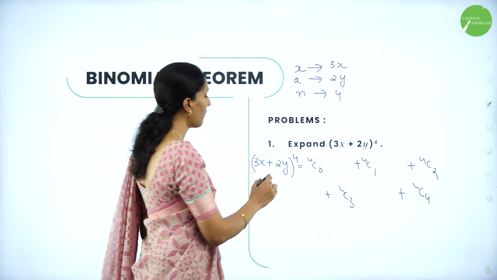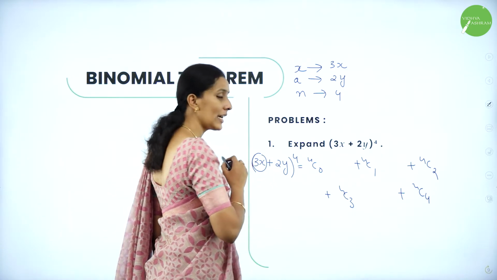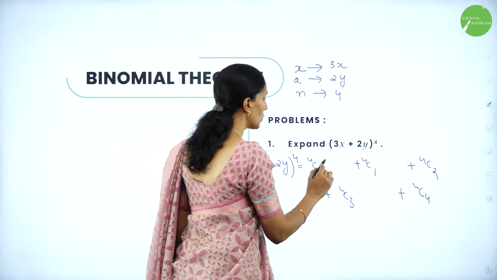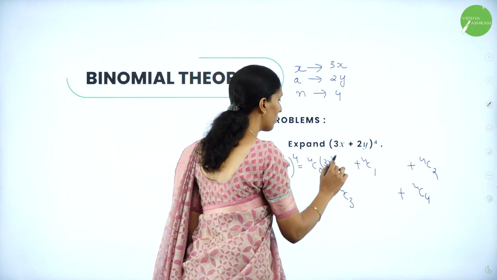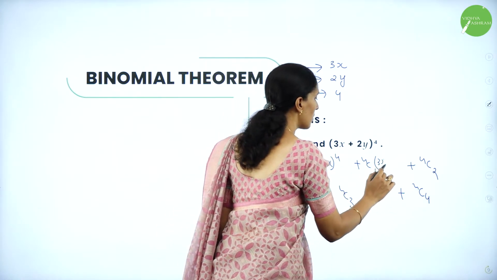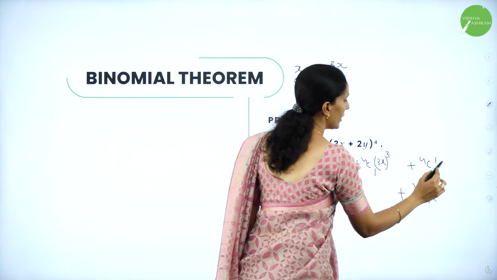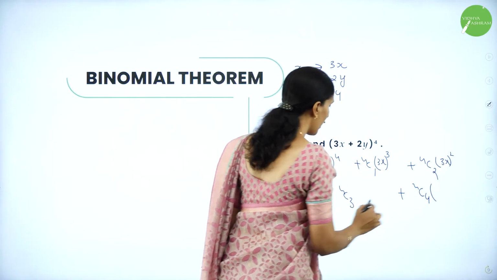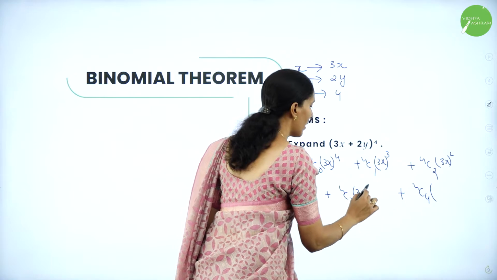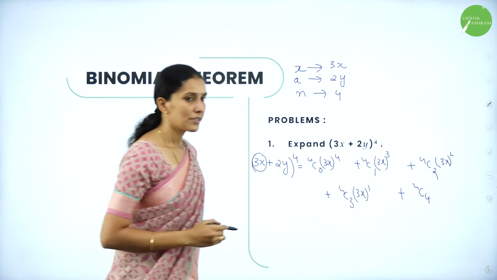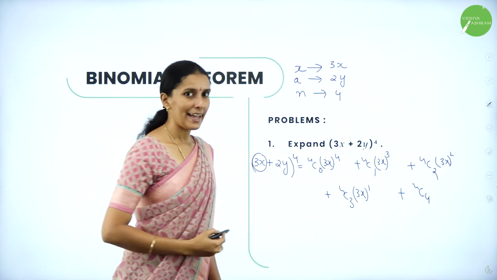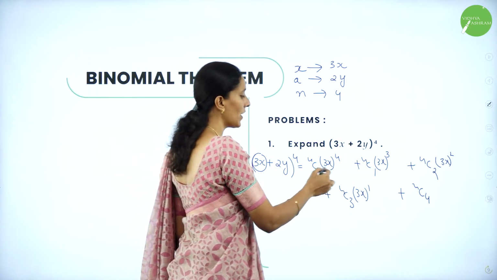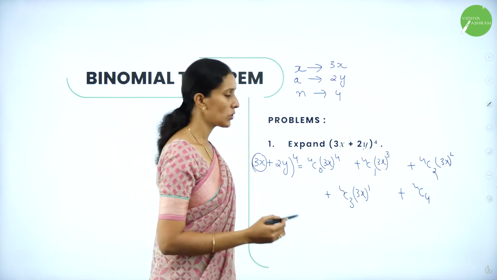Next I have to write the value of x in decreasing order. So 3x whole power 4, 3x whole power 3, 3x whole power 2, 3x power 1. And no need to write the last term. Next we have a. We should write a in increasing order. In the first term, a is power 0, so no need to write.